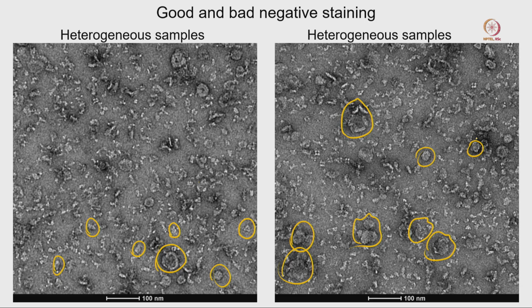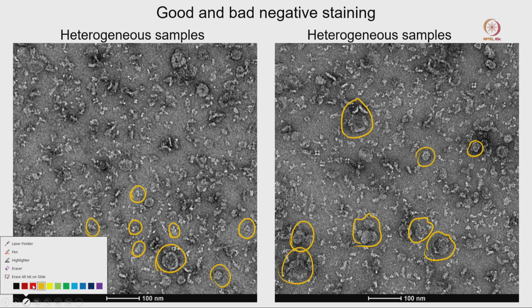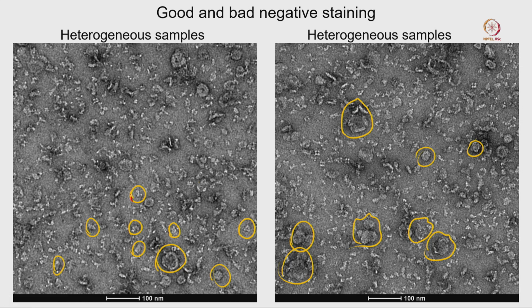So our required protein shape is this one. If I use a different color it will be clear. The red one is my required protein shape and orange is some kind of aggregation I am showing.